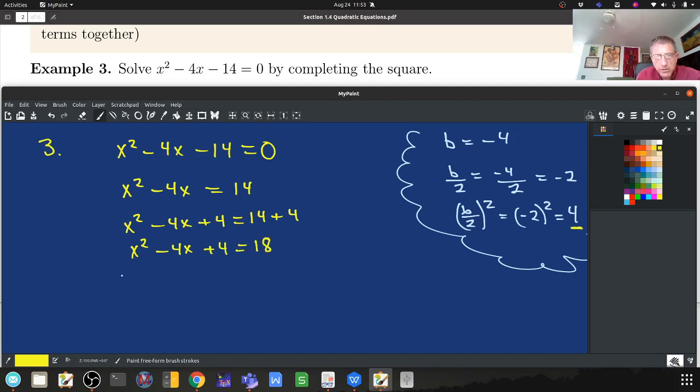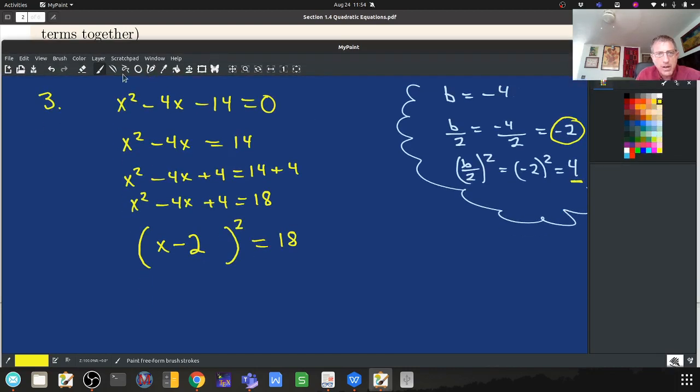And now the perfect square factorization is just x. Remember, my middle term is negative, and here I just write this value in, minus 2 squared. So I have x minus 2 squared is equal to 18.